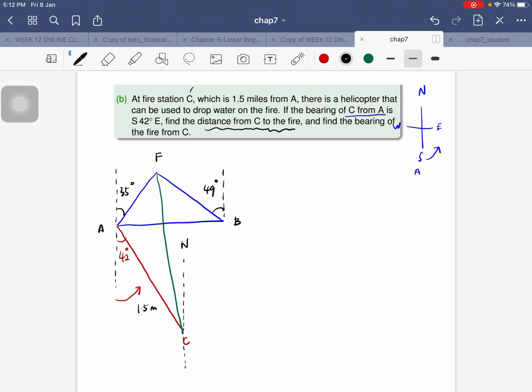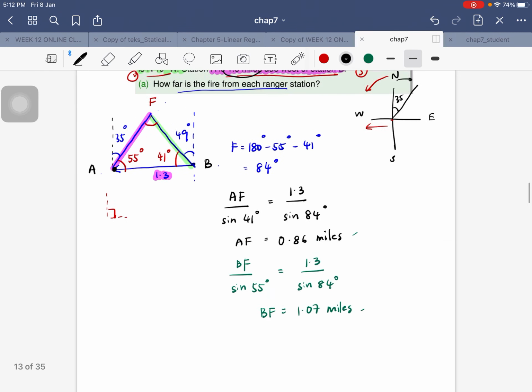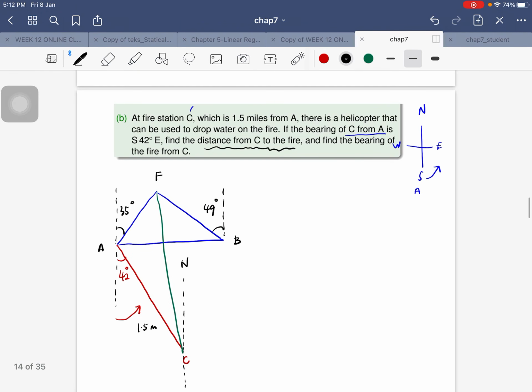We have figured out some angle just now from our calculation, so we know that it's going to be 55 degrees right here. This is a straight line, so straight away we can know the angle over there. It's simply going to be 180 minus 35 minus 55 minus 42. And this is going to give us an angle of 48 degrees.